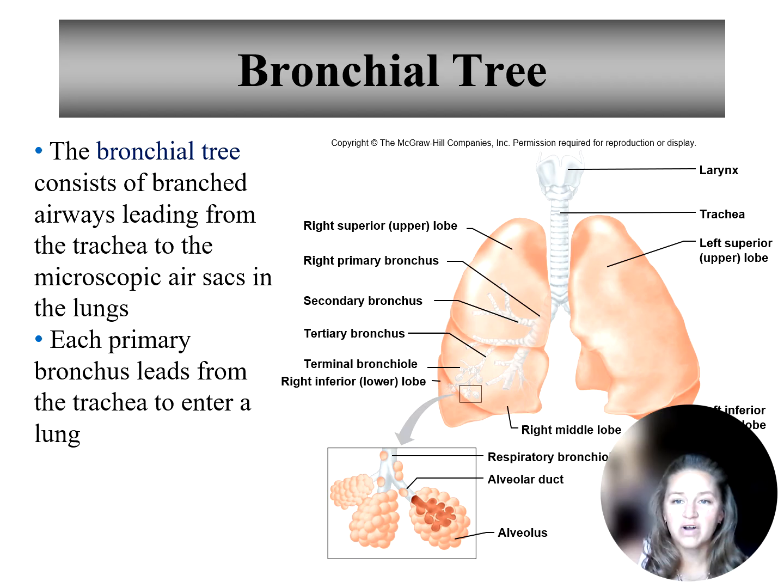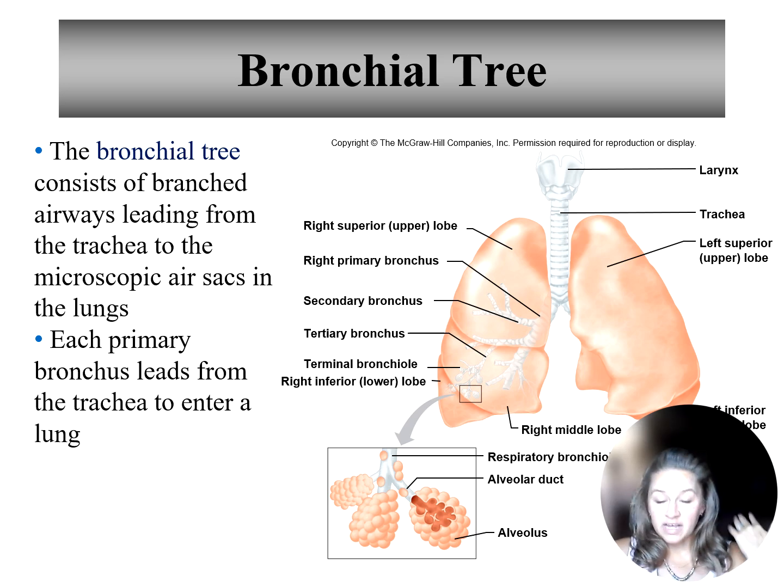So we go from the larynx to the trachea, and then from the trachea into these bronchial trees that are throughout our lungs, and ultimately getting to these alveolus cells. This is the location of the gas exchange, the air that we're breathing, which contains oxygen, and then the air that we're exhaling.